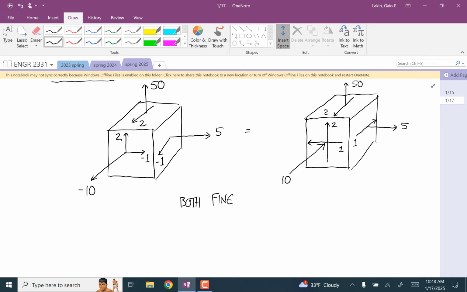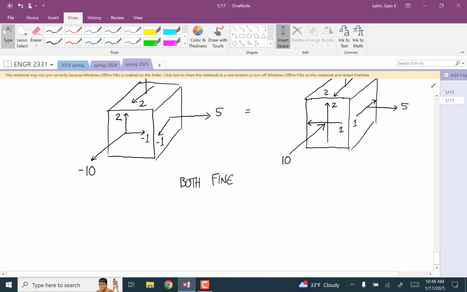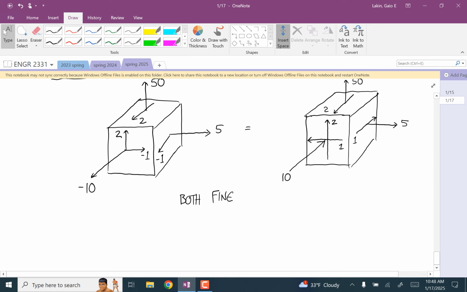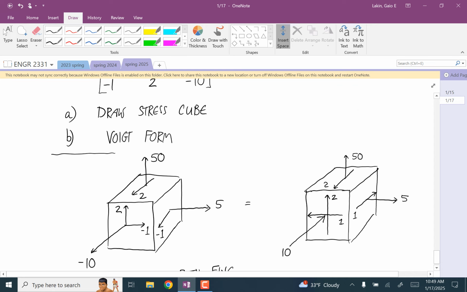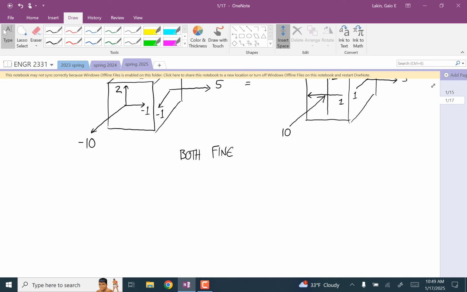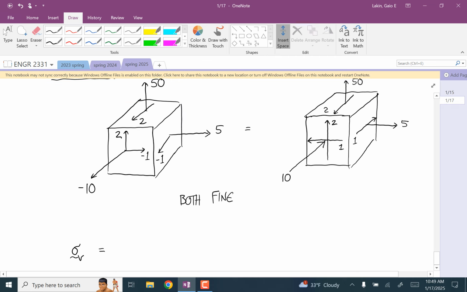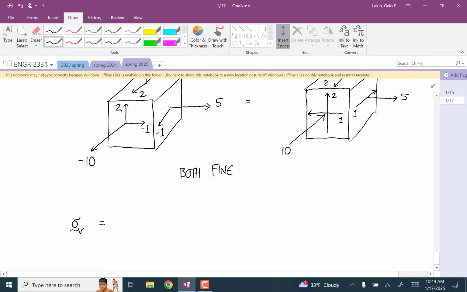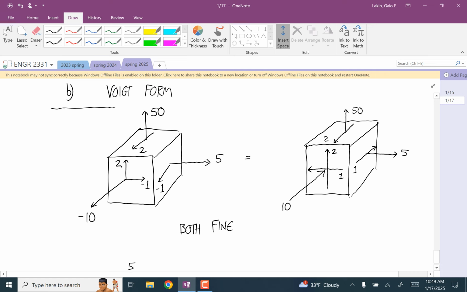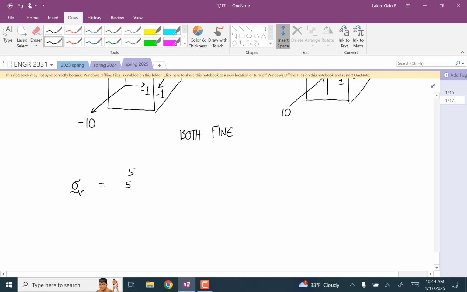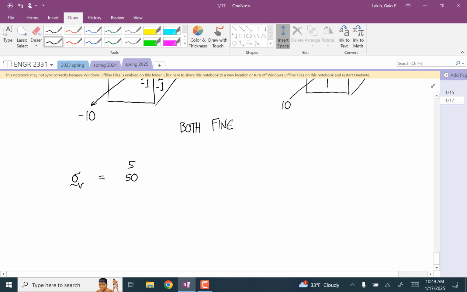Thanks, storage. Yeah, exactly. Okay, the last thing we have to do is the Voigt form. And so you write that as sigma sub v under squiggle. And for that, we'll go the XX value, the YY value, the ZZ value.